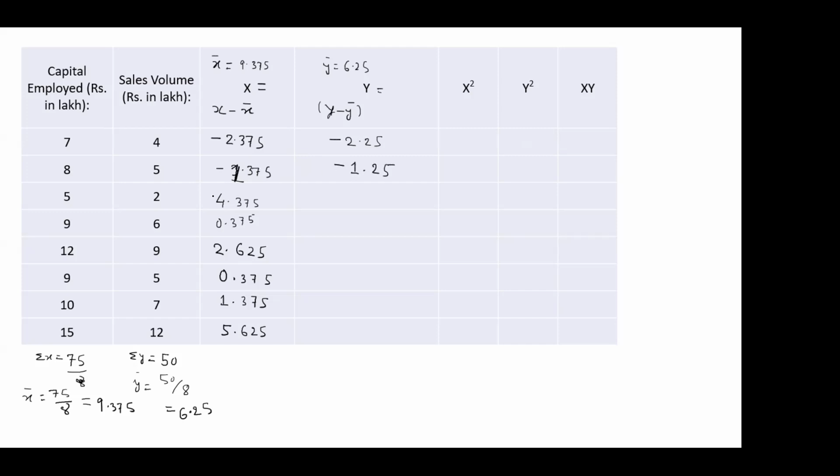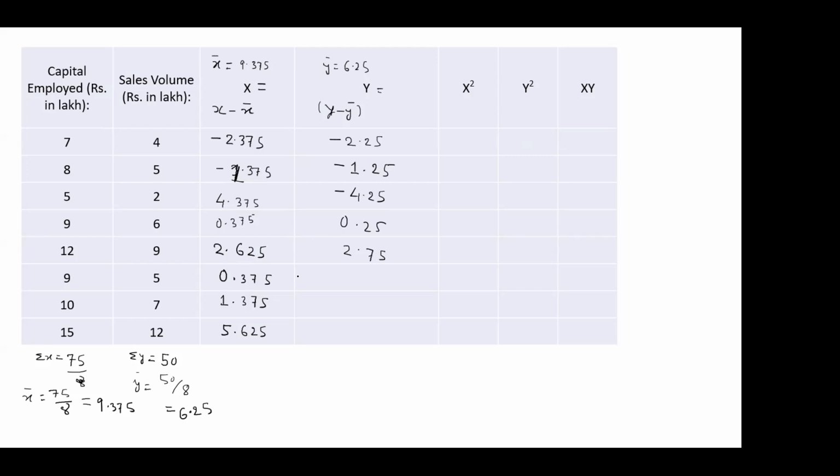Next, 2 minus 6.25 is minus 4.25. Next, 6 minus 6.25 is minus 0.25. 9 minus 6.25 is 2.75.